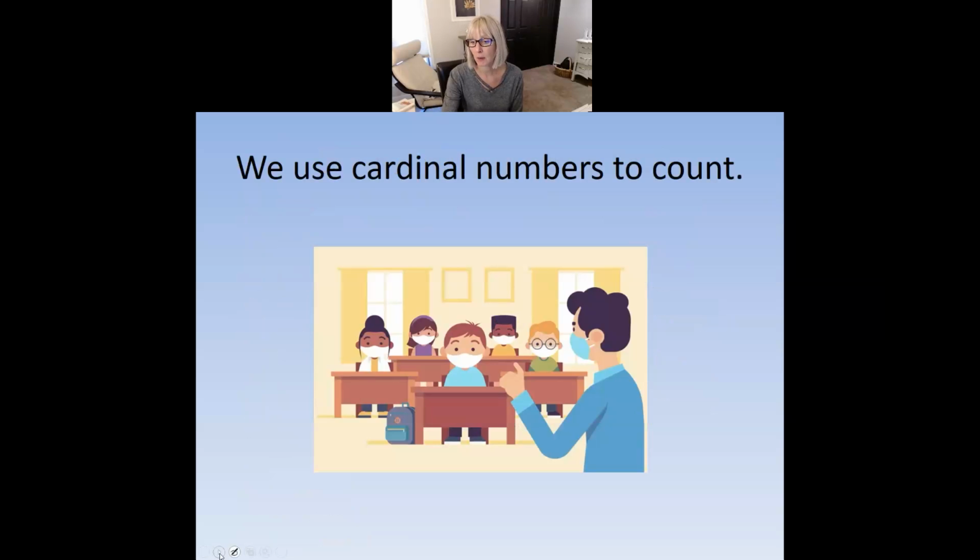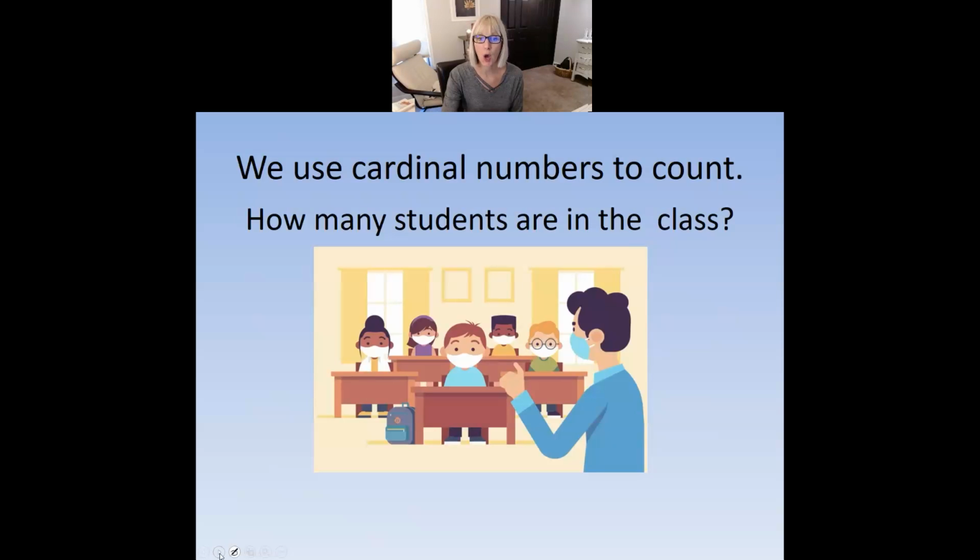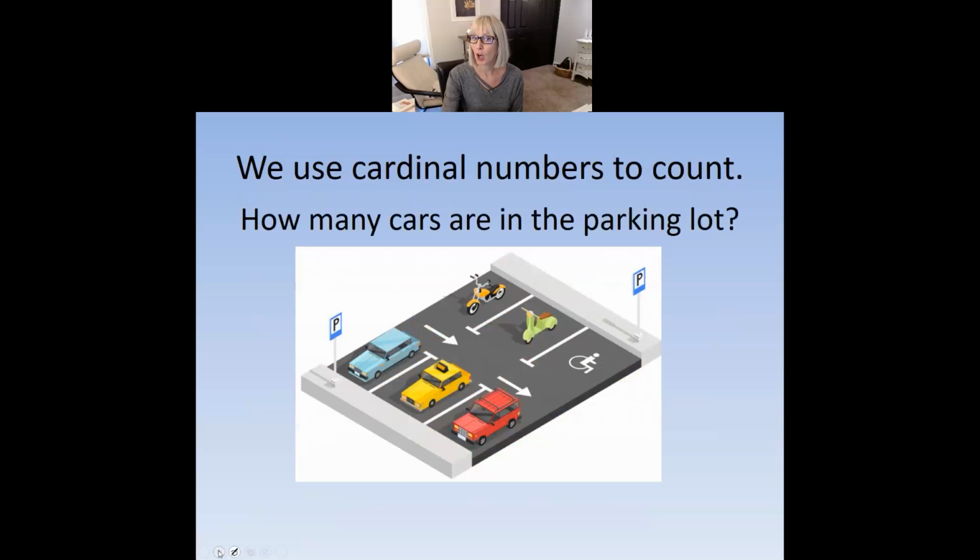Again, cardinal numbers are for counting. How many students are in the class? We can count. 1, 2, 3, 4. There are 5 students. How many cars are in the parking lot?